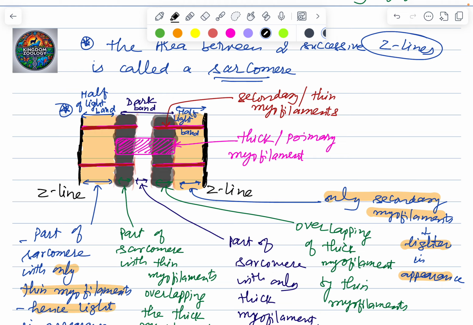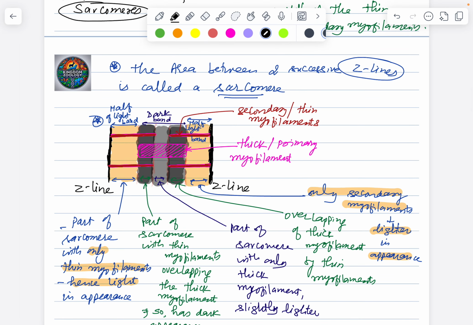And there is a central area which is a bit lighter. Why? Because there is only one type of protein here, only secondary. So that is how a sarcomere would actually look like. Half of the light band, one full complete A band, and half of the next light band.